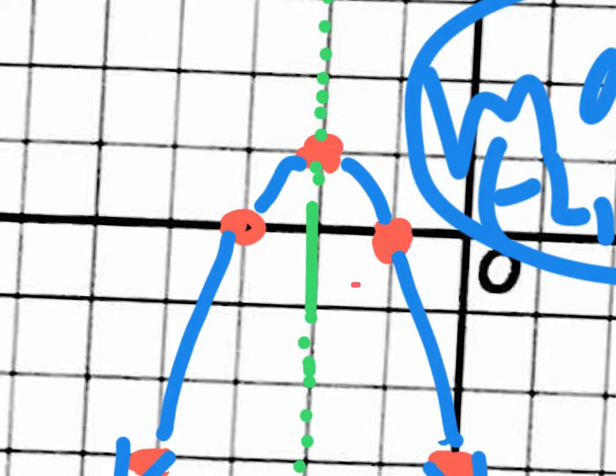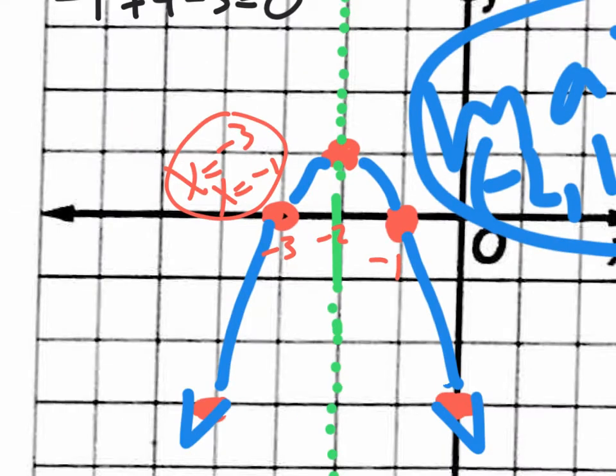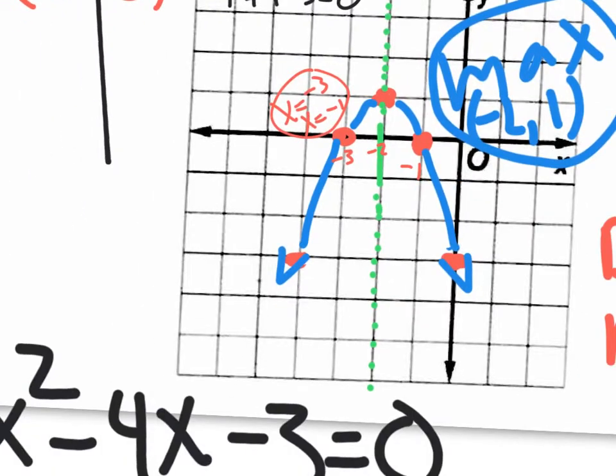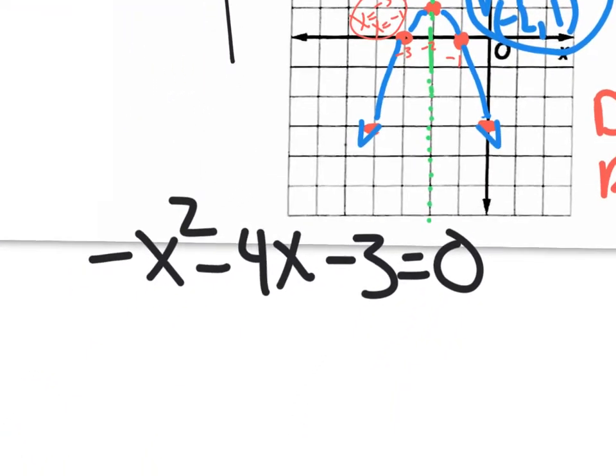It crosses at negative 1. It doesn't cross at negative 2, but it crosses at negative 3, right? So what are your answers? X equals negative 3 and x equals negative 1. Those are the two solutions to the equation if it were a quadratic equation.